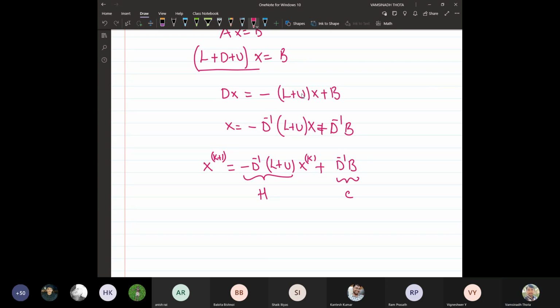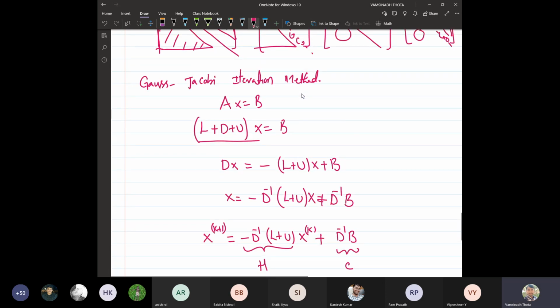Okay. But here you should understand what is this D. D is a diagonal matrix. What are the entries? The entries are nothing but the diagonal entries of the matrix A. Here what we are doing, we are multiplying both sides with D inverse. Now the question is whether D inverse exists. D is the diagonal matrix, that is a11, a22 and so on, ann.